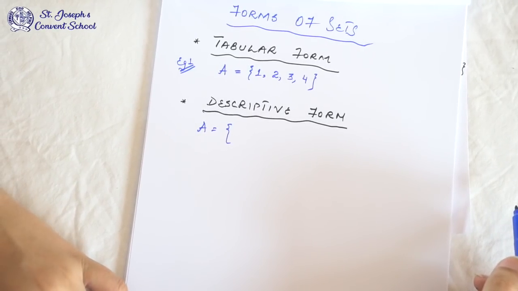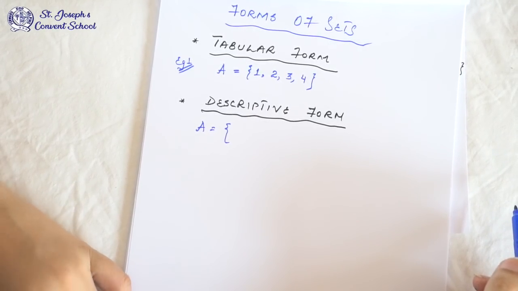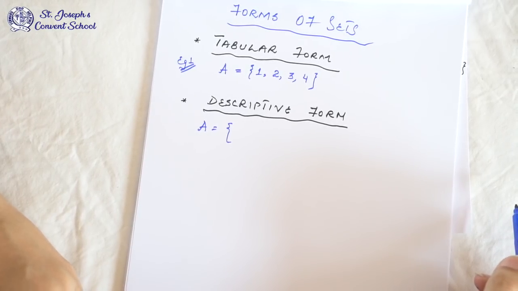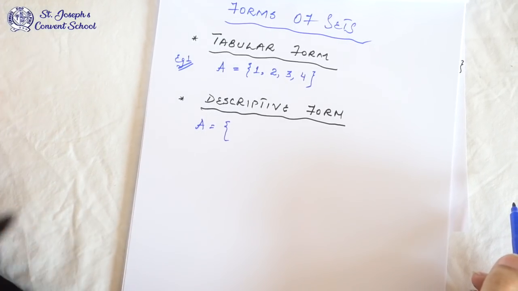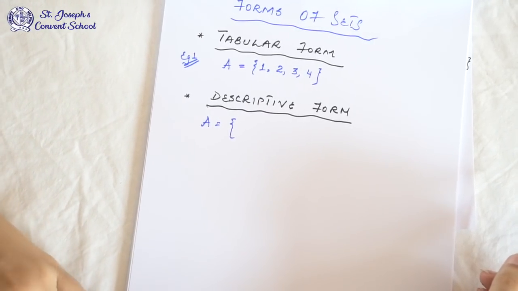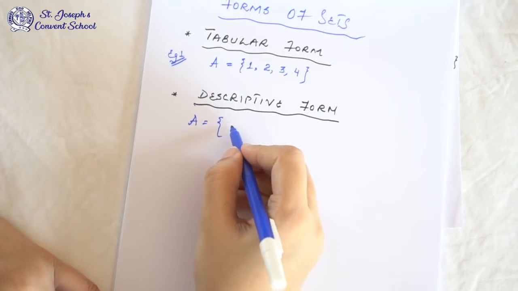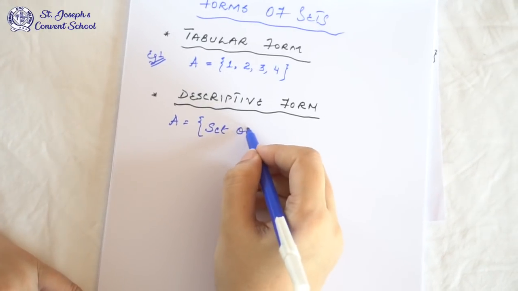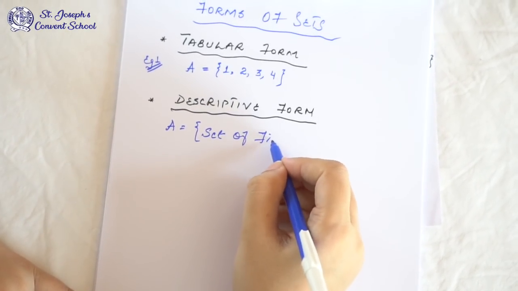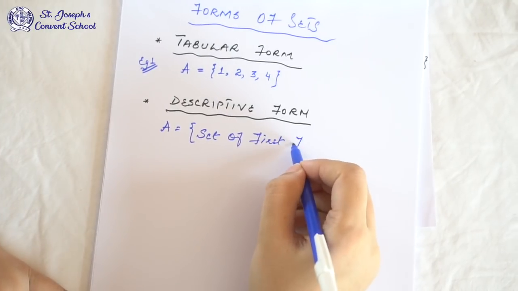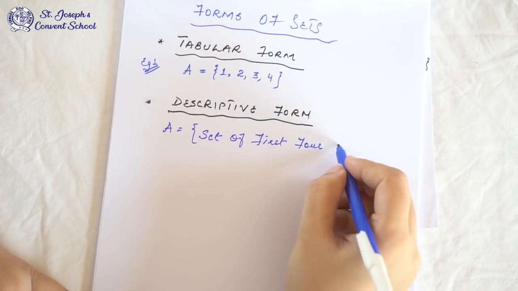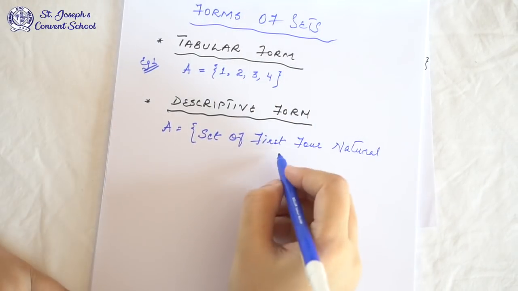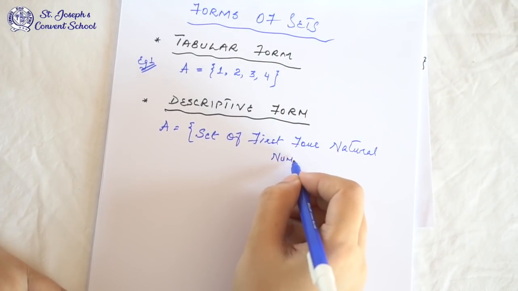There are 4 natural numbers given, starting from 1, so you can say set of first 4 natural numbers. In descriptive form you write the same: set of first 4 natural numbers. This way you can describe.